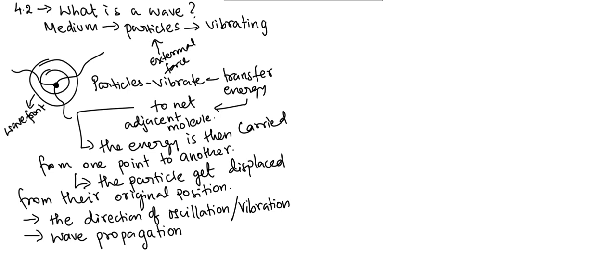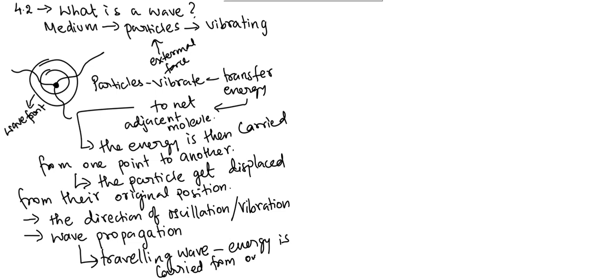And on the basis of these two concepts, the direction of oscillation and wave propagation, we have two types of wave. And both the waves, because the energy is traveling from one point to another, are also called traveling waves. So energy is carried from one point to another.